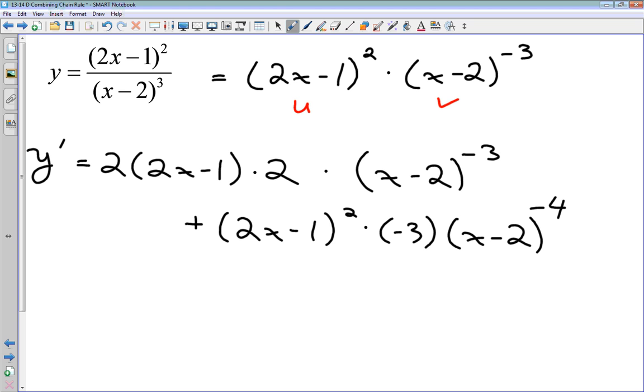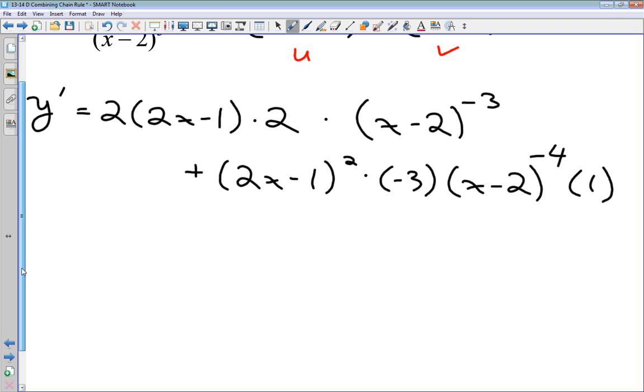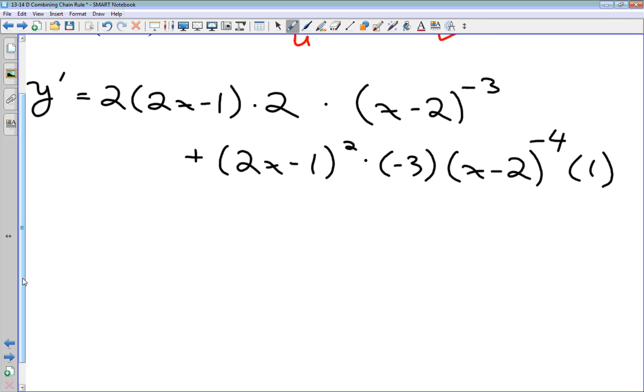And then multiply by the derivative of what's inside. Well, the derivative of x minus 2 is just 1. Okay. And now we'll just label this. This is u prime v. This is u, and this is v prime.